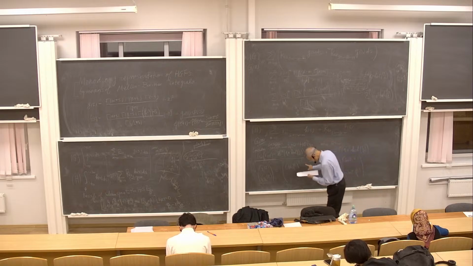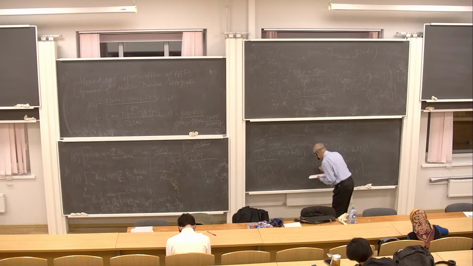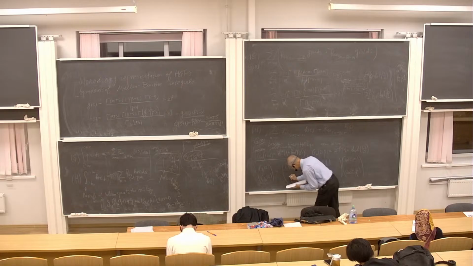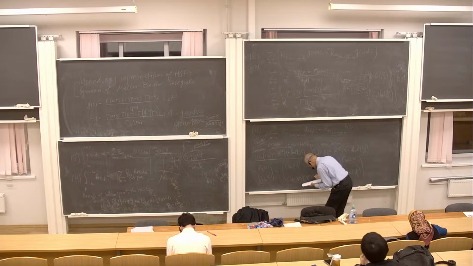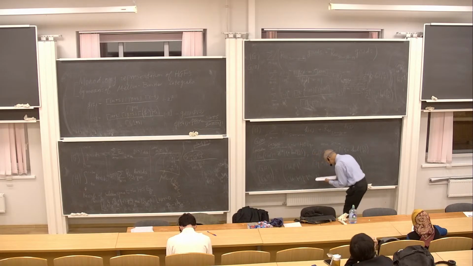I explained this, so I need to see some irregularity. It's a 2 times 2 matrix, of course.